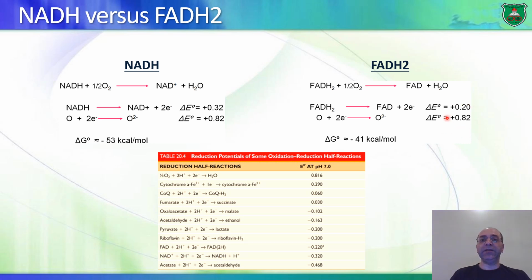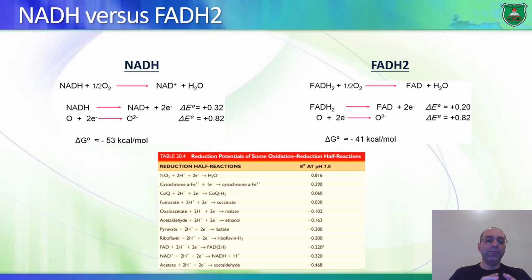So again, you add these to each other and apply the sum of these two to the equation that I just showed you in the previous slide, and that gives you a delta G that equals minus 41 kilocalories per mole, and that is again a lot of energy. That is why these electrons are not transferred directly, as you will see later on, from NADH or FADH2 to oxygen.